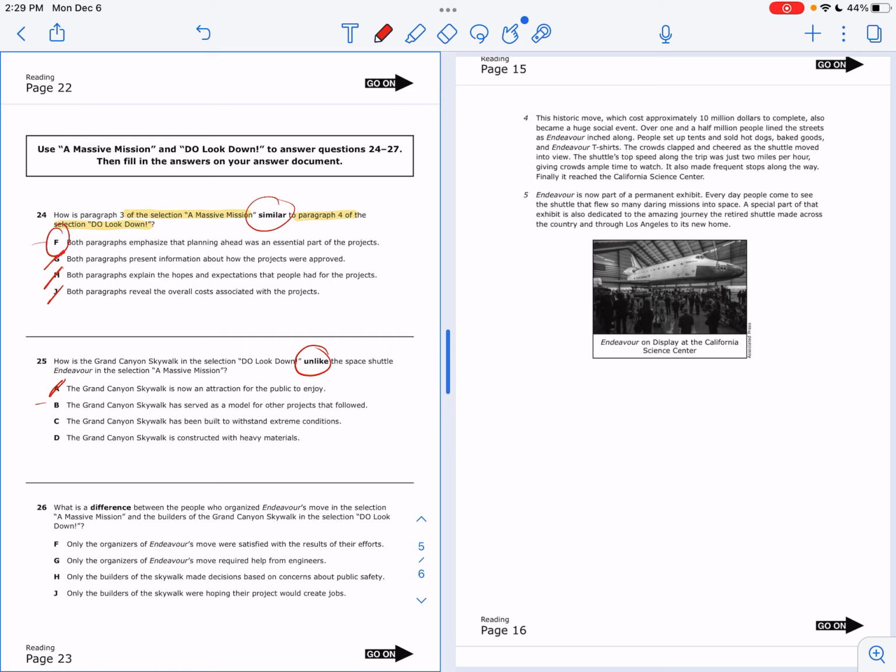But what does that have to do with the Massive Mission? Kind of doesn't. So C can't be the correct answer. D, the Grand Canyon Skywalk is constructed with heavy materials. Yes, but so was the Massive Mission and all of that stuff. So D can't be correct. So best possible answer is going to be B.